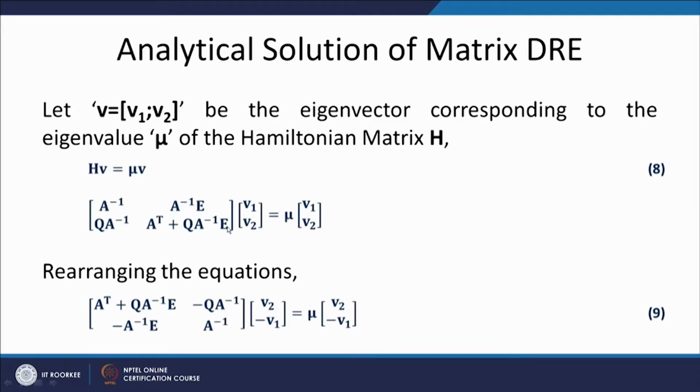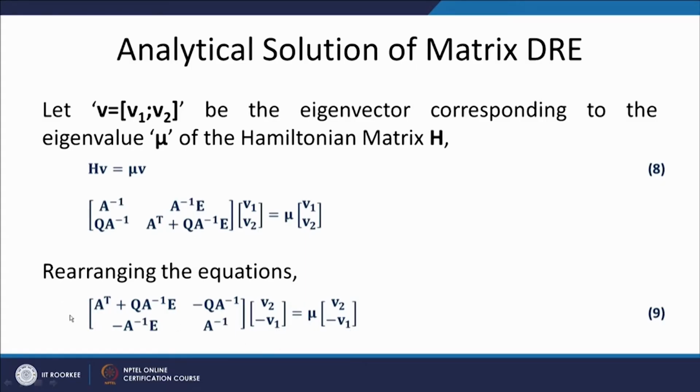So, V2 remains the same. By writing the equation independently, I can rearrange the whole equation as A transpose plus Q A inverse E, minus Q A inverse, minus A inverse E A inverse, V2 V1. Here also V2 V1.